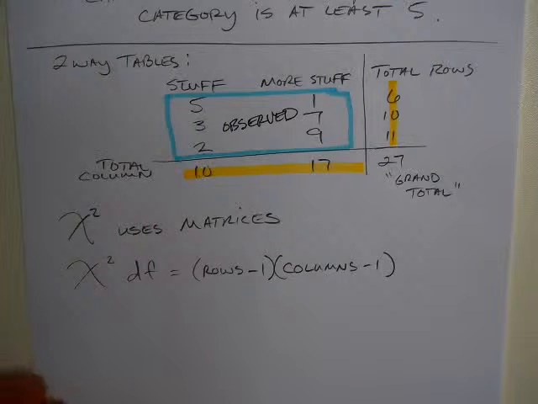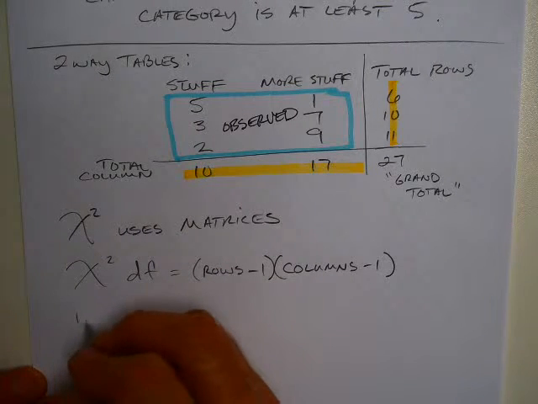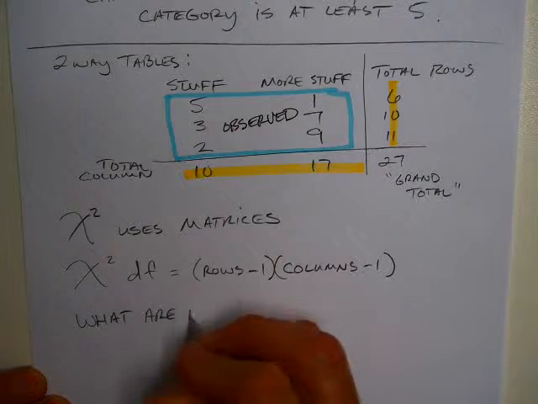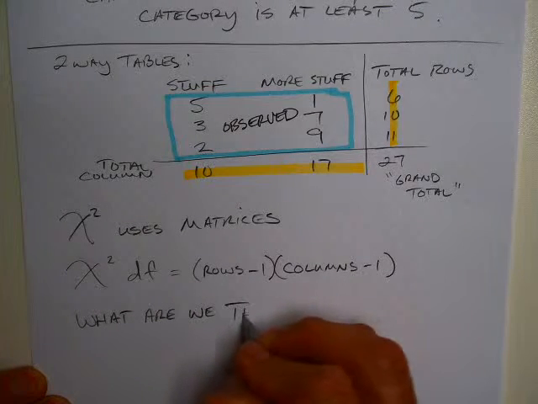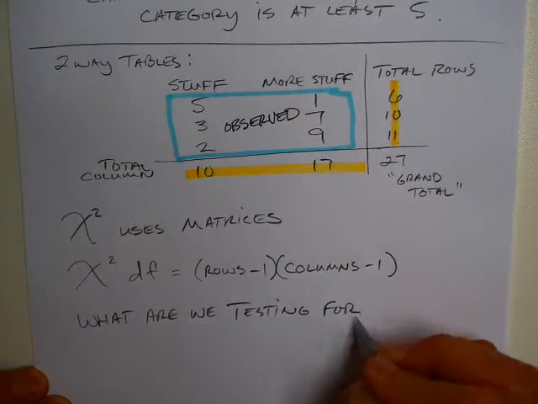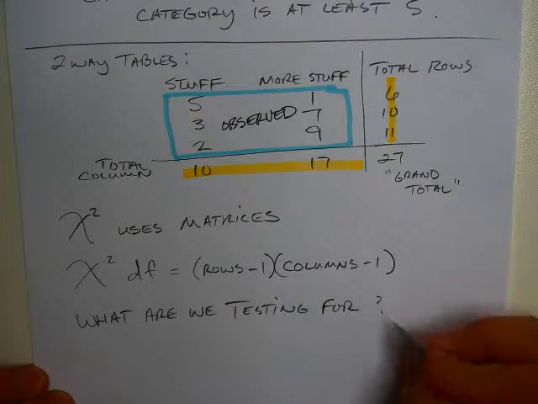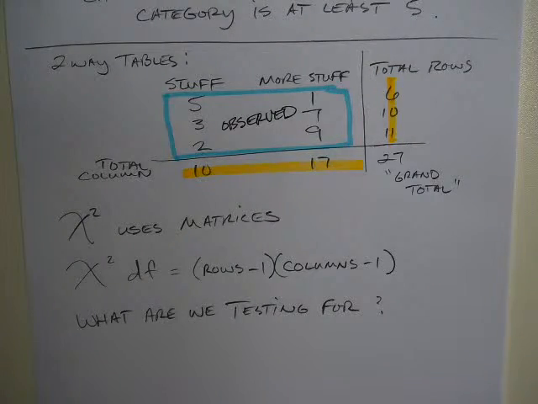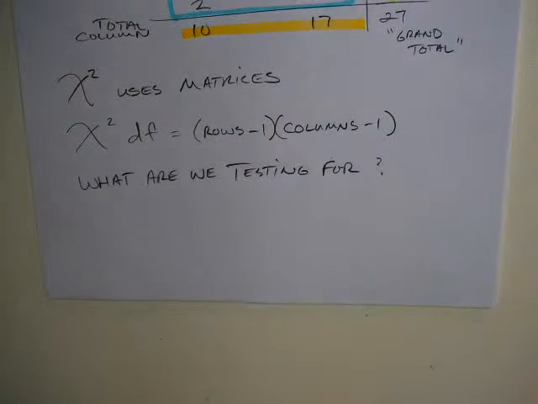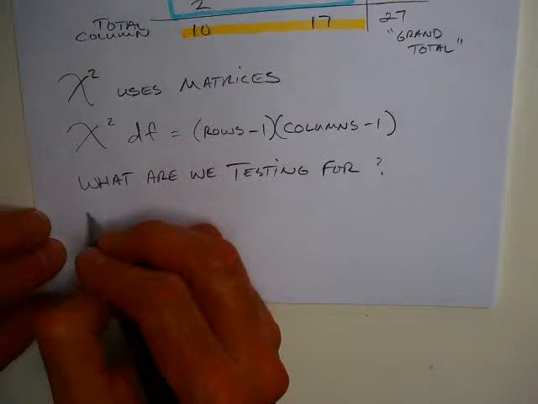So what are we testing for? Because it is a test. The question is, is there a significant difference in one or more categories or groups from what's expected?